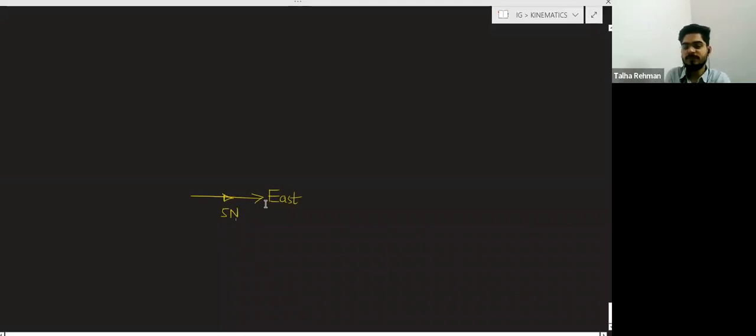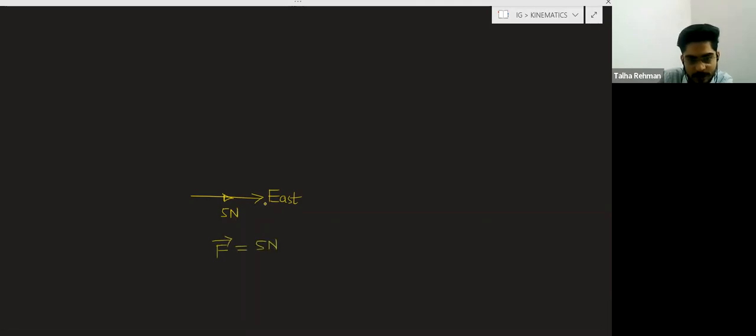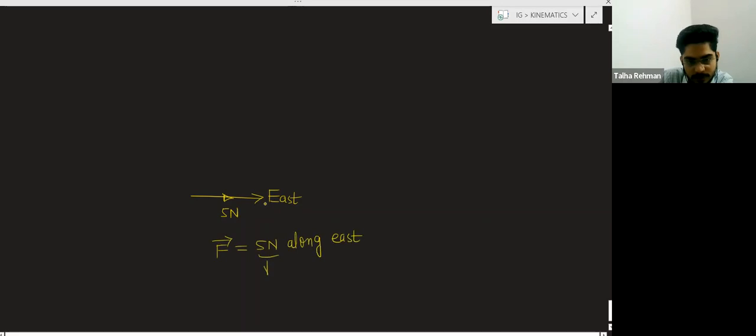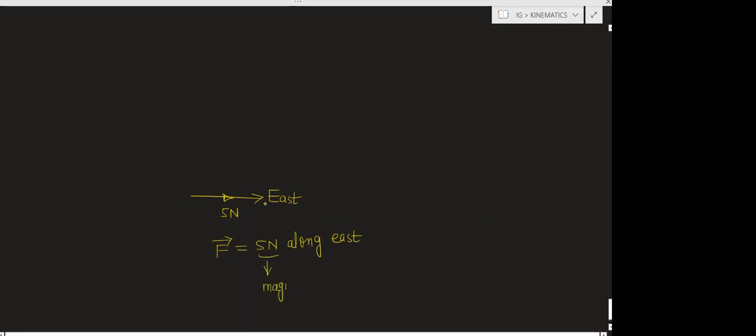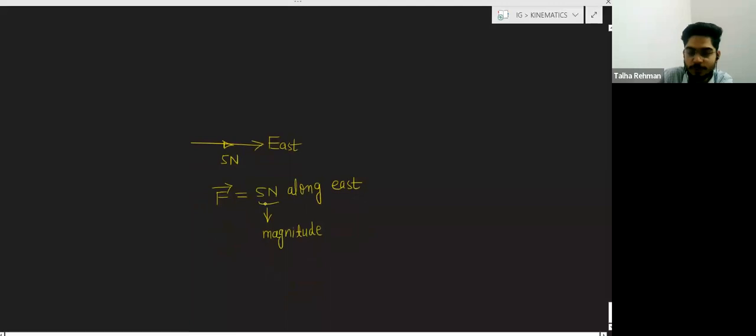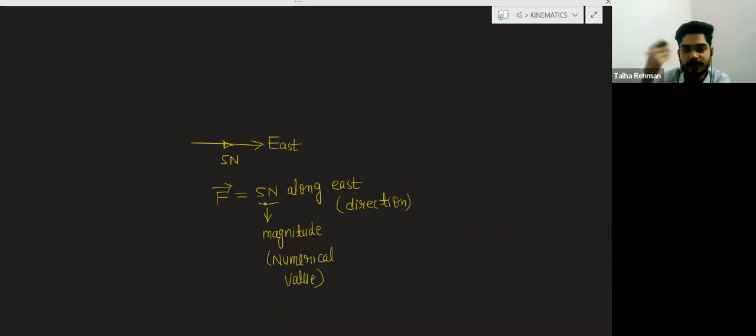So you will write the force vector as 5 Newton along east. 5 Newton is known as the magnitude, or the numerical value. What is east? Direction.